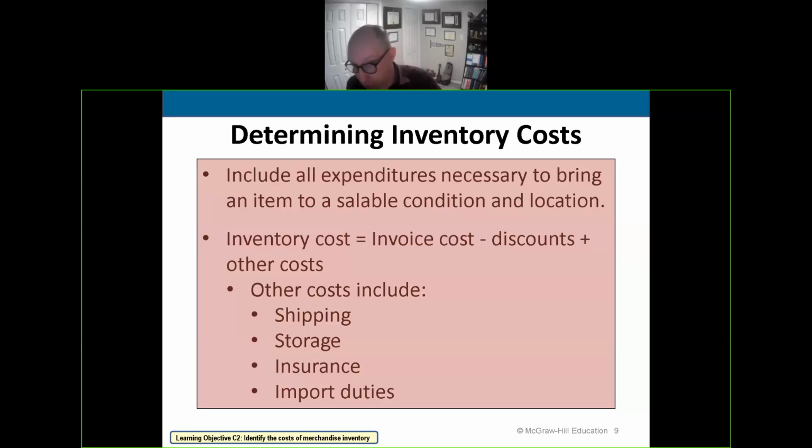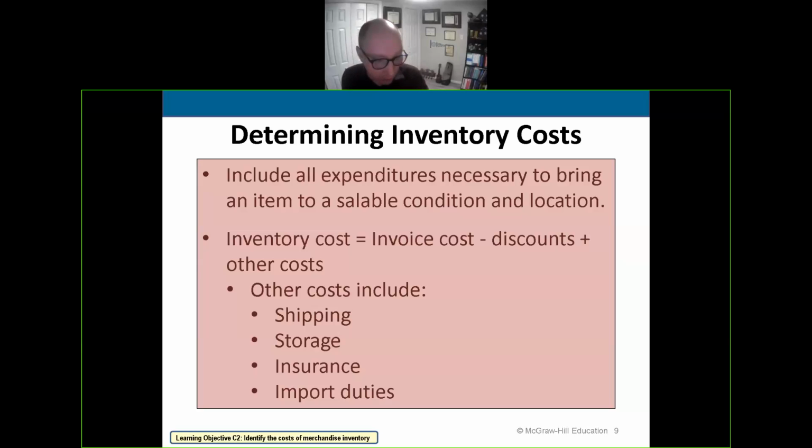If something happens to the truck while it's coming to me, insurance covers it. Or I have to insure it while it's sitting in my warehouse. And then import duties. Import duties are the taxes that we pay when we import inventory from other countries.